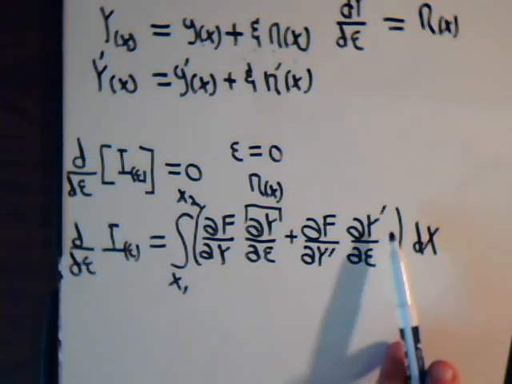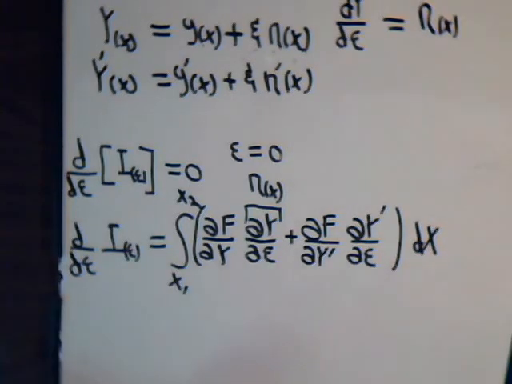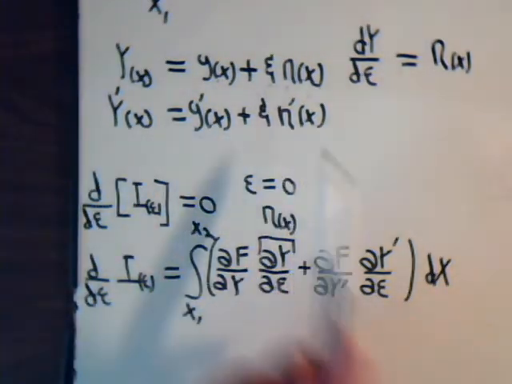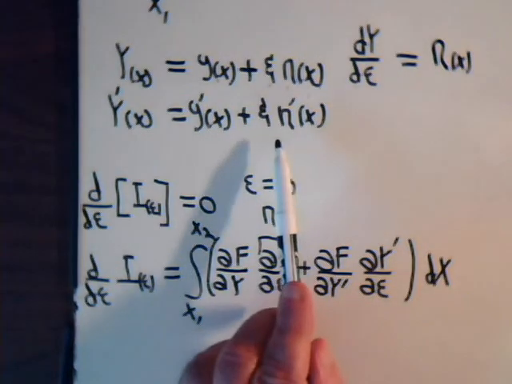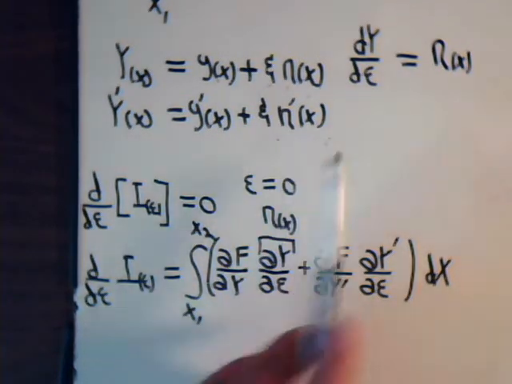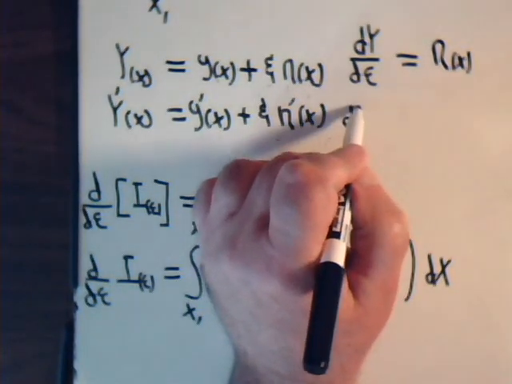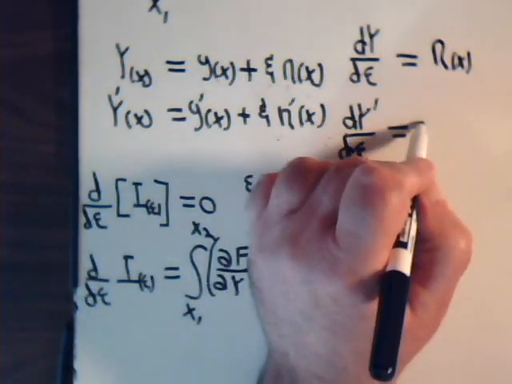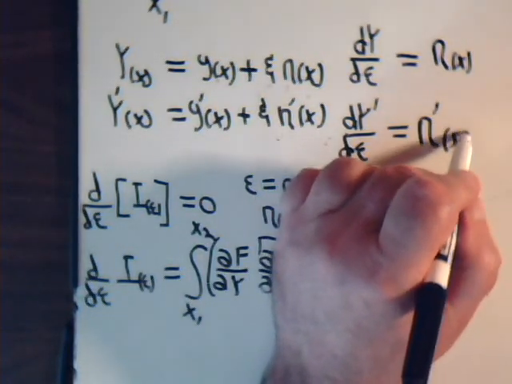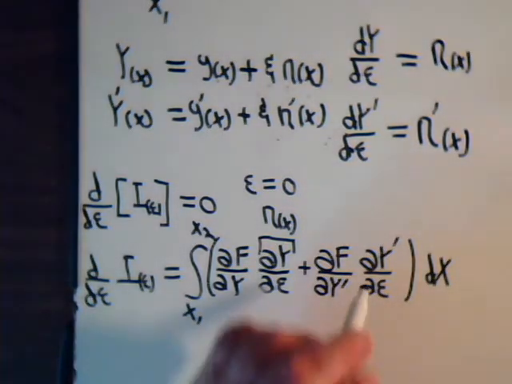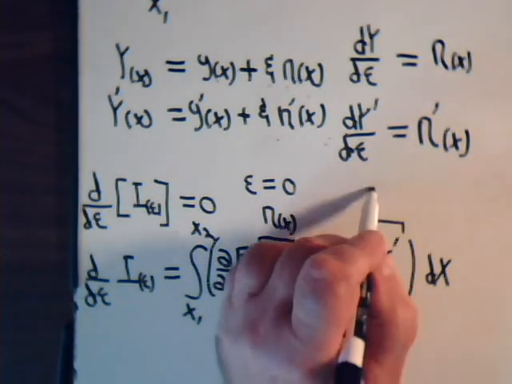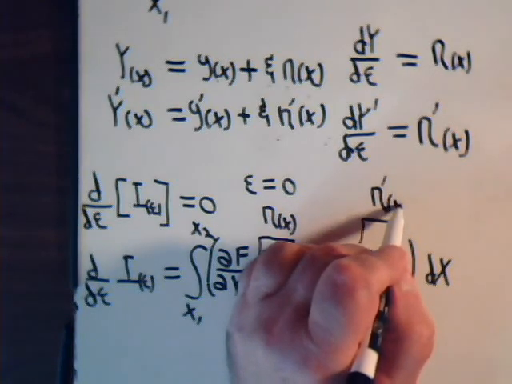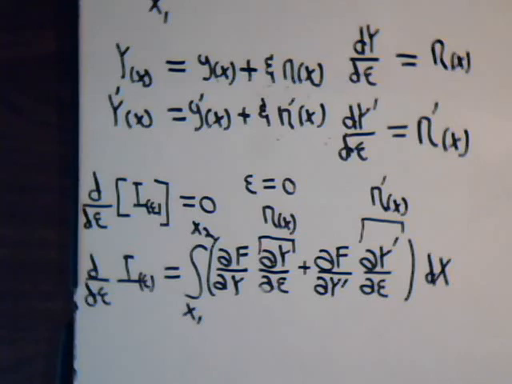And what about this? The partial of y prime with respect to epsilon. Well, here's y prime. Take the derivative of that with respect to epsilon, and all we're going to get is nu prime of x. I'm not writing these as partial derivatives, but of course the answer is going to be the same. So that means this is nu prime of x. So let's take this out and put this in, and take this out and put this in.